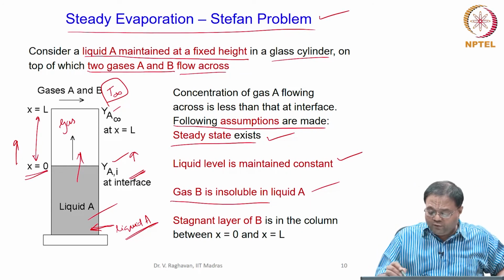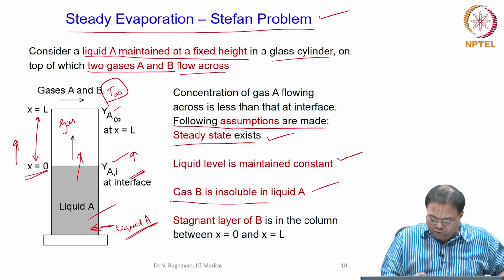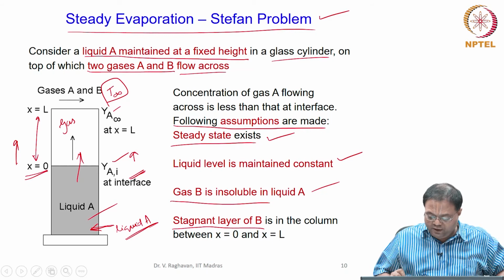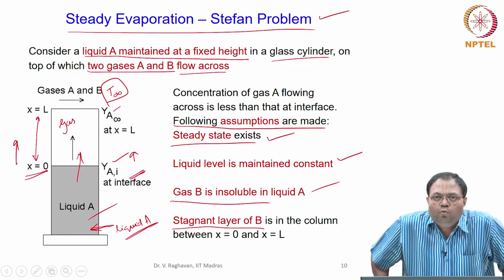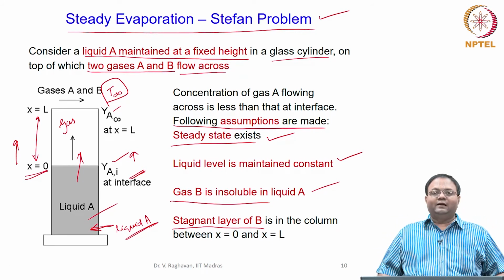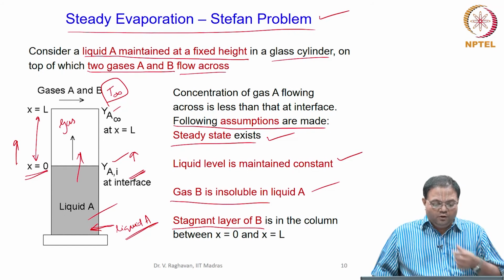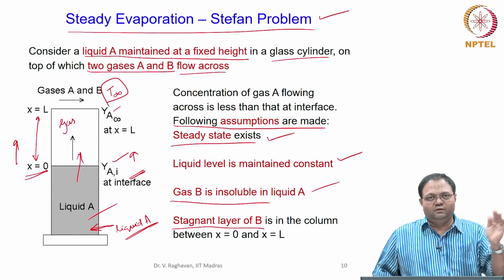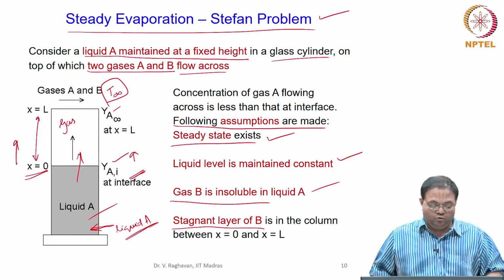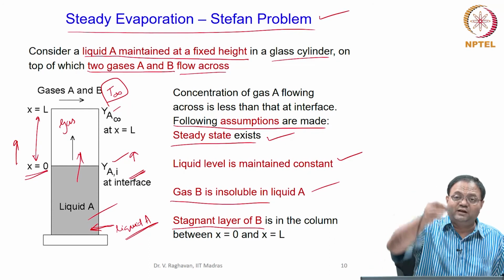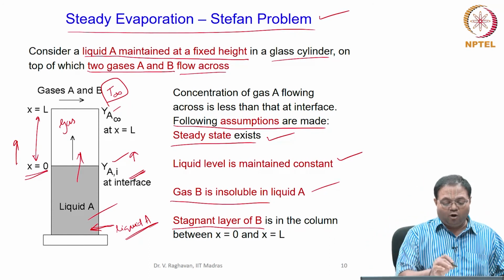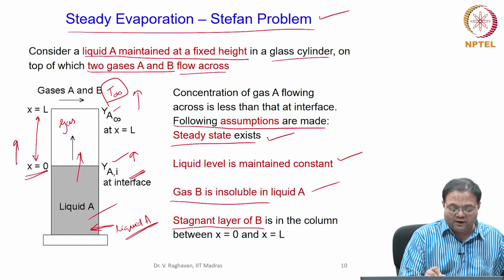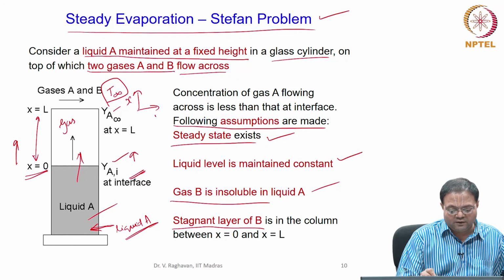Okay, then the fourth one we will also see: a stagnant layer of B is present in the column. Okay, what do you mean by stagnant layer of B? So, the predominant flow of B is in the other direction. This is the x direction, the vertical direction is x, and the horizontal direction, let it be y.